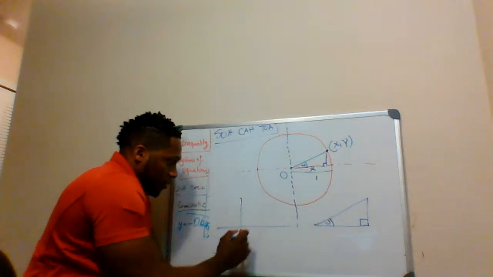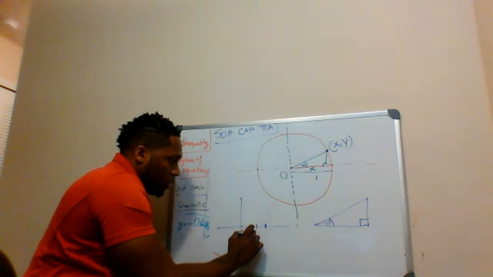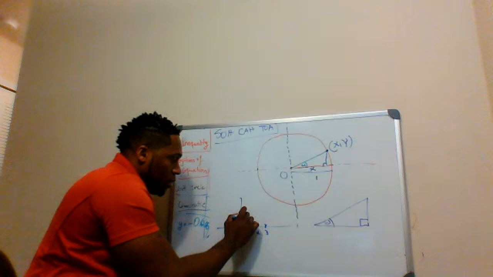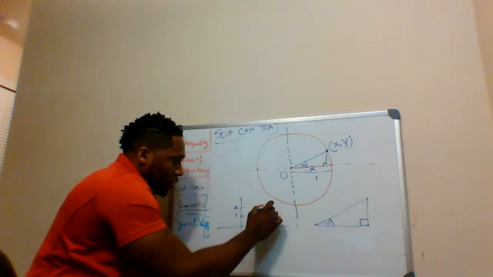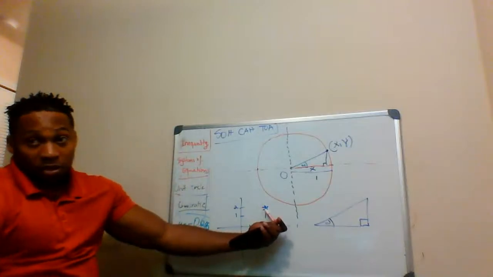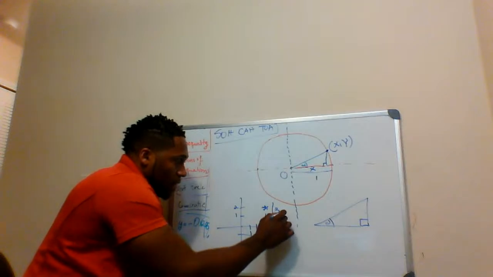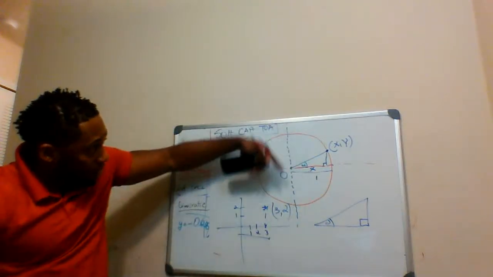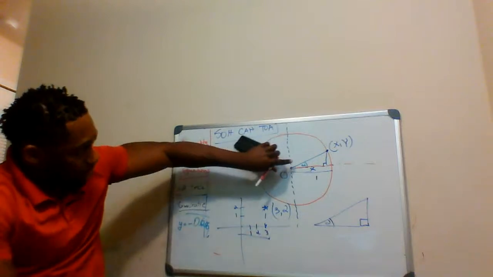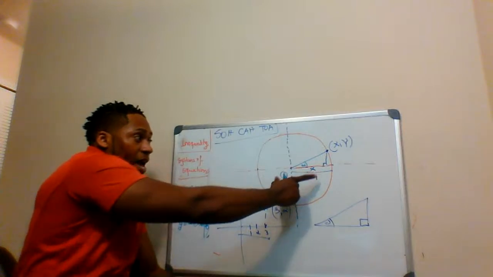Same thing. If you're in a circle here, let's say you have the points 1, 2, 3 and 1, 2. So let's say I have the point right here at 3, 2, right? This is the point 3, 2. That means the x value is 3, the y value is 2. So same thing in a unit circle, because the circle is centered at the origin, and this is the x and y axis.